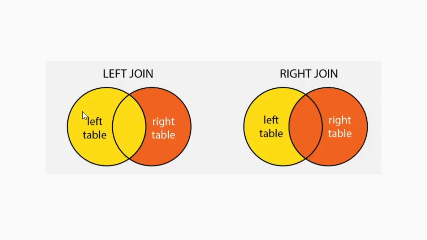If there's no match, unlike an inner join, which is what we talked about in our previous video, it will still keep the row from the left or yellow table, but any column that you selected out of the right table will have a null. So in our example, customers left join orders would show all customers regardless of if they have an order. And if they don't have an order, any column that you pulled from the orders table would be null.